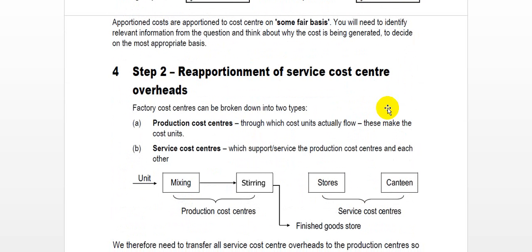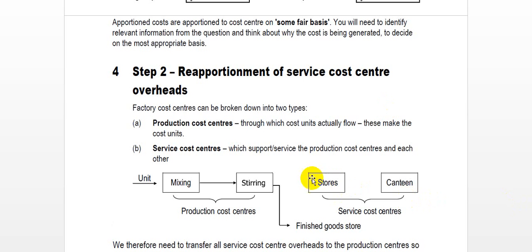So I mentioned earlier on that there are different methods of reapportioning the service cost center overheads. So you follow which method the question is asking you to use. Okay? So from our question, which ones are the service centers?